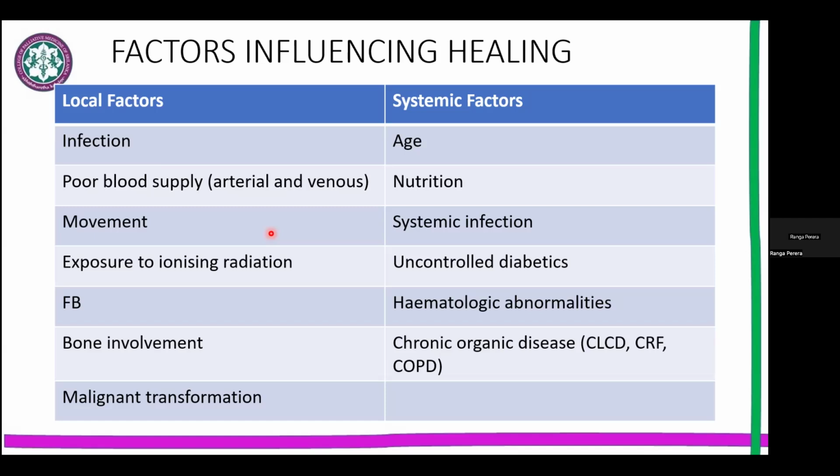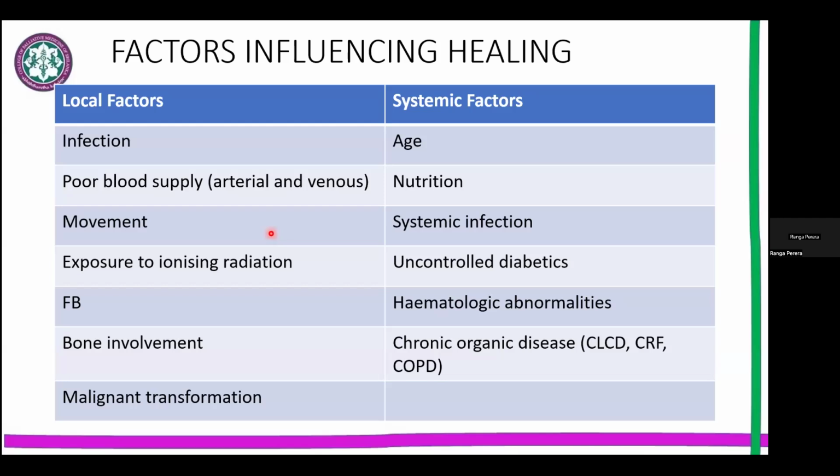That will affect all the stages of wound healing, including molecular formation, cellular function, neutrophil function level, leading to bacterial overgrowth due to high sugar content and immune compromise. All these things affect wound healing in diabetes. And poor blood supply, all these things will affect wound healing.